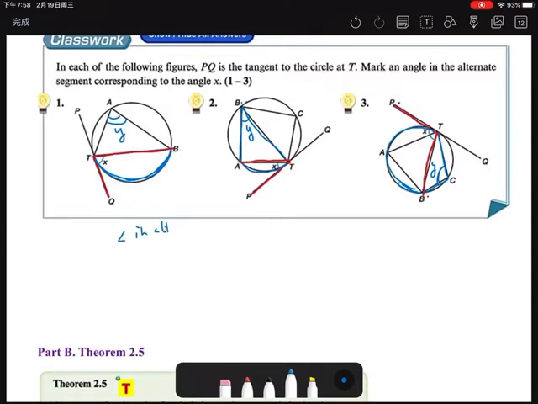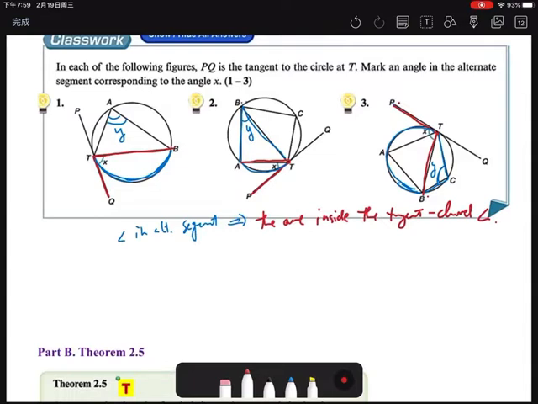So when you identify the angle in alternate segment, you identify the arc inside the tangent-chord angle.